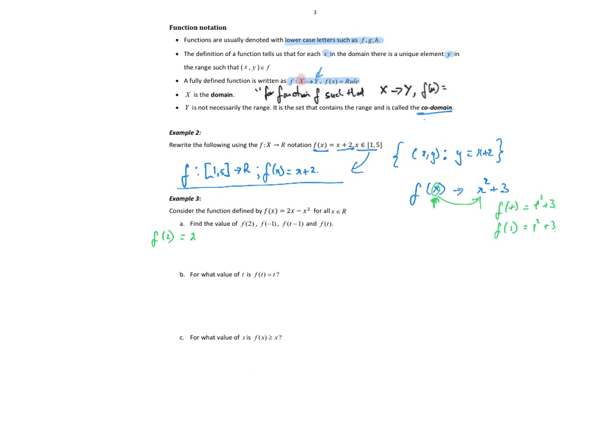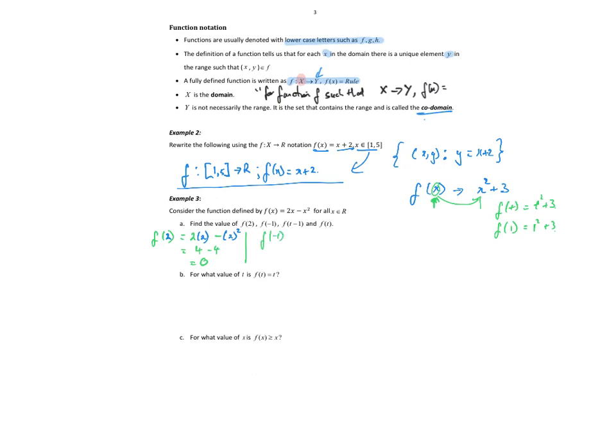I might try to color code a little bit here. Wherever I see an x, I put in a 2. And if I just keep going down, it is equal to 2 times 2, which is 4, minus 2 squared, which is 4, which is equal to 0. So f of 2 is equal to 0.